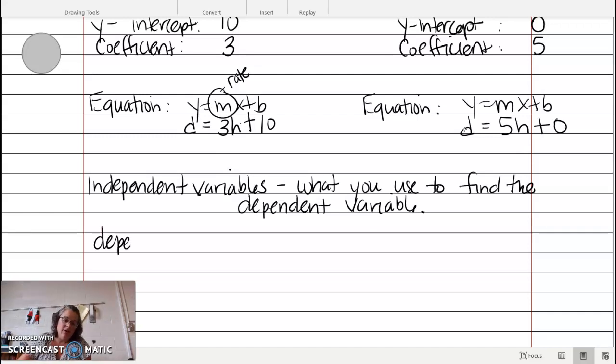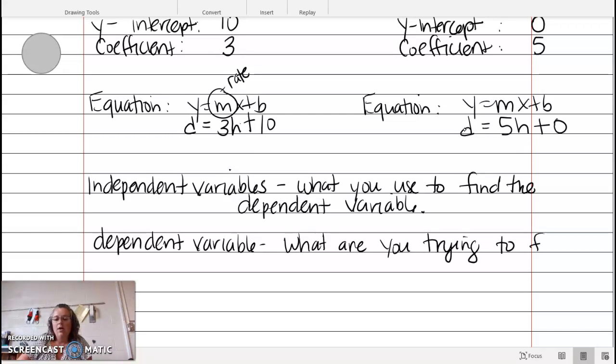The dependent variable, I like to think of it as what are you trying to find in the table? What are you interested in? The y stuff in the table.